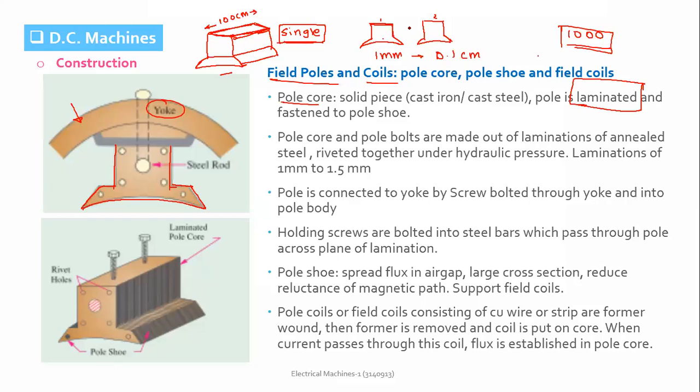Do you understand what I mean to say? Any other insulating material, if I put in between two and then join them together, it will form again the same thickness here, but it is comprised of such different 1 mm laminated pieces.